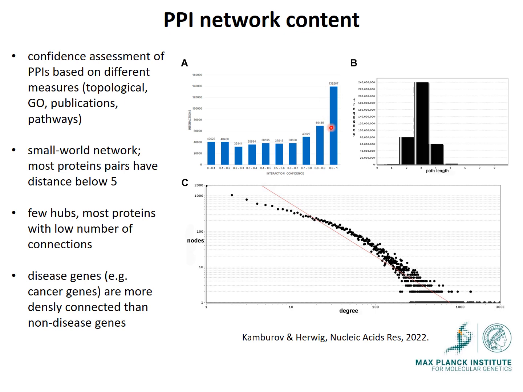So we stick to this part of the ConsensusPathDB in the following. What we also see is that we have a small world network, that most protein pairs have distance below 5, and we have a few hubs and many genes with a low degree.